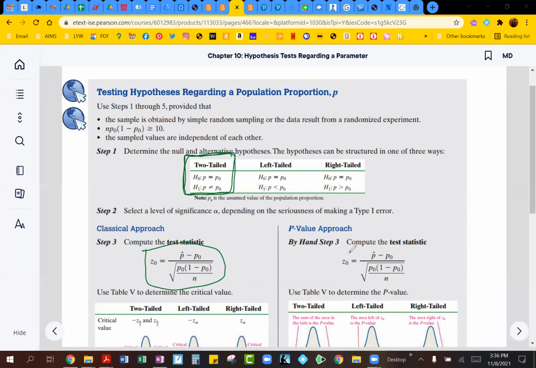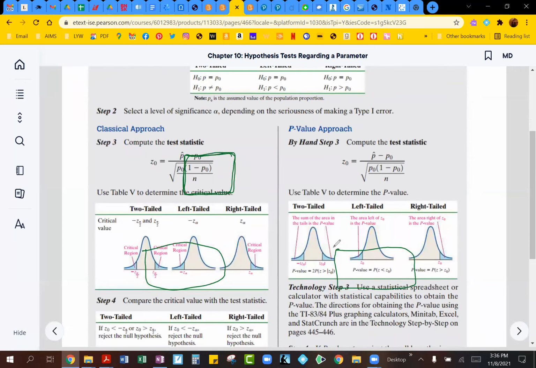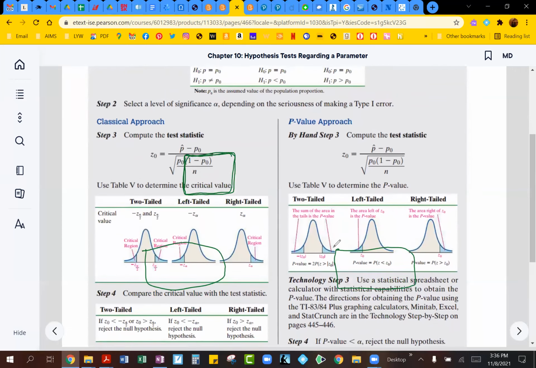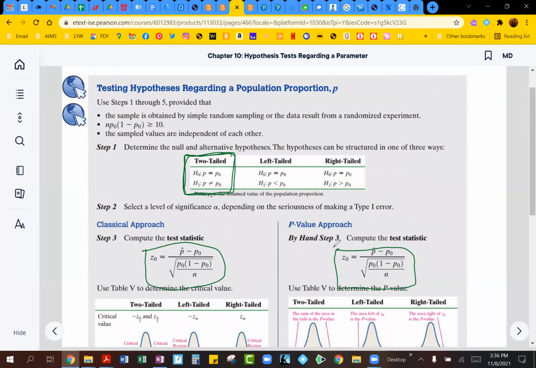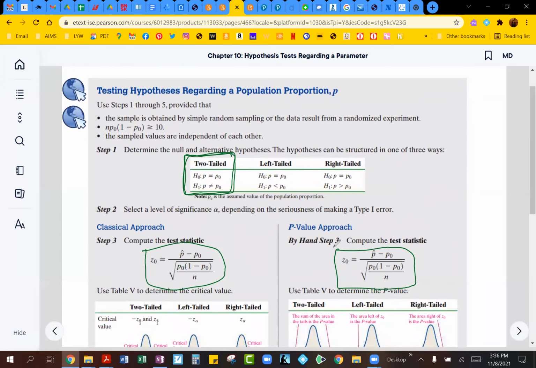You can see with the classical approach and p-value approach, we are looking at the same test statistic calculation over here, and then we get into our right tail, left tail, two-tailed discussions. So this is the formula that we are using for our test statistic that we need to work on next.